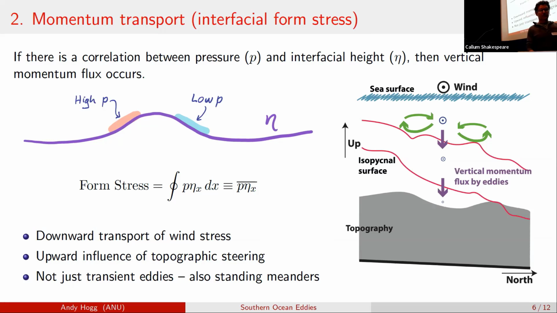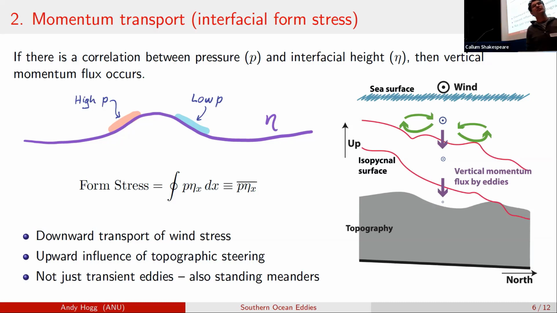Then you can imagine that if you sum up all the forces on this sloping isopycnal, that is, you times the pressure by the spatial derivative of this interface height, then there's a net force being exerted on this interface. In other words, there's a transfer of momentum from the upper layer above the interface to the layer below the interface. So that is how something that is called interfacial form stress works.